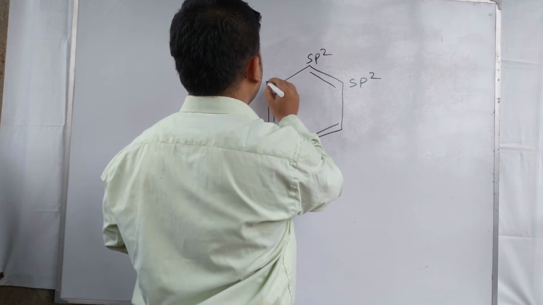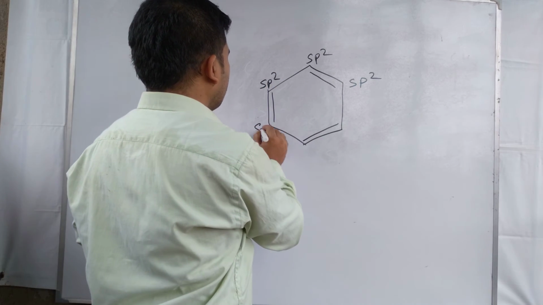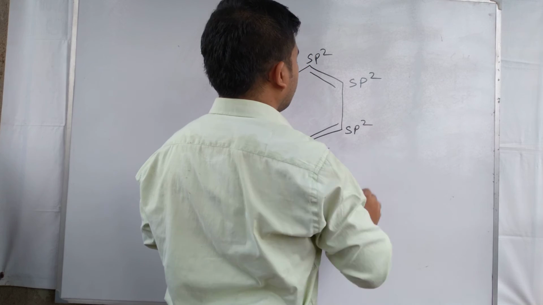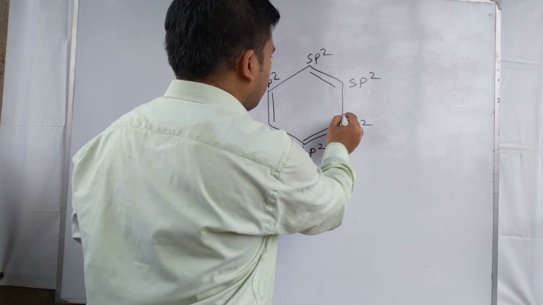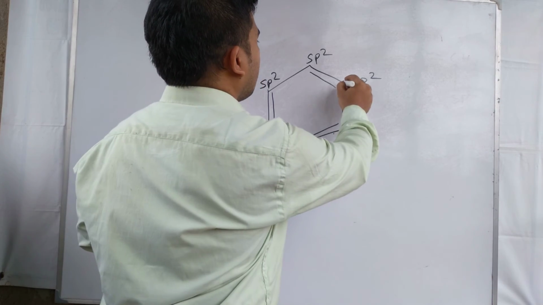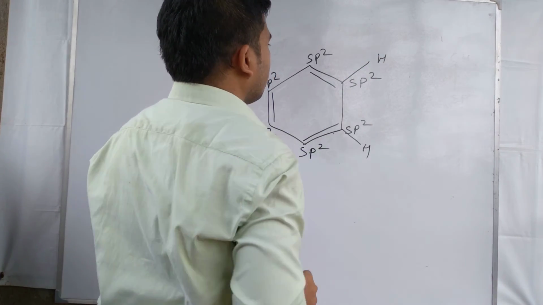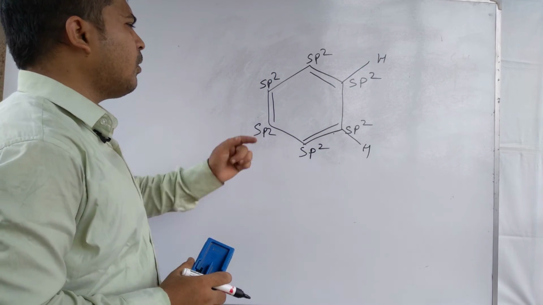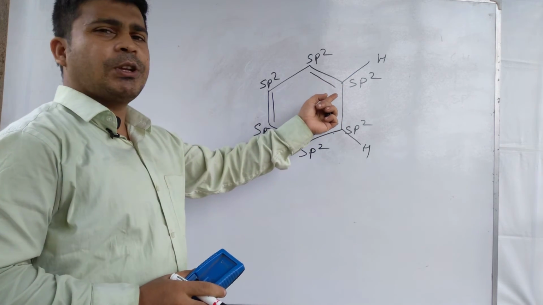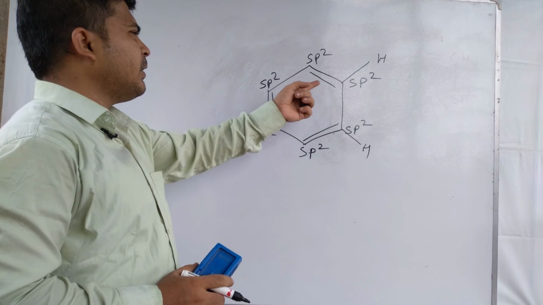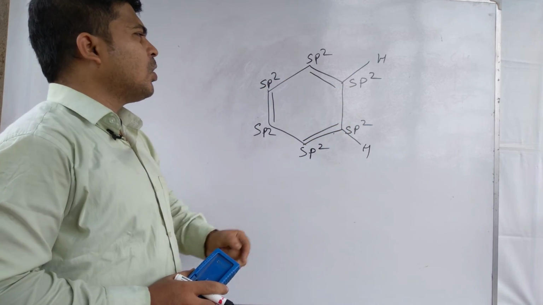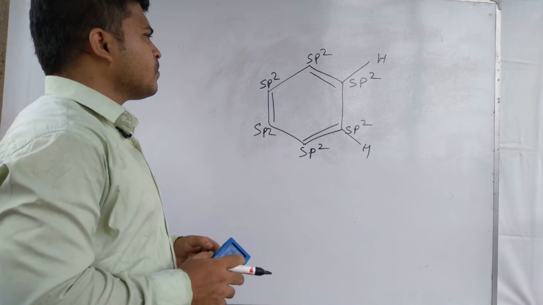This carbon is sp2, this carbon is sp2, this carbon is also sp2, because each carbon has 2 carbon neighbors and one hydrogen atom. So the total number of pairs for each carbon atom is 3. For this reason each carbon atom is sp2 in this benzene molecule.